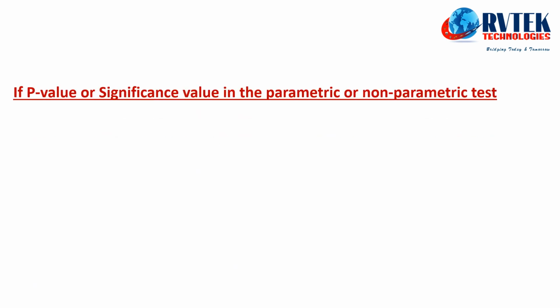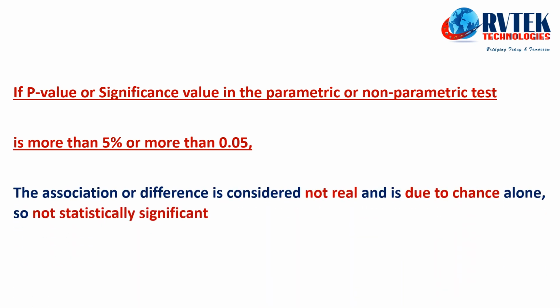If p-value or significance value in the parametric or non-parametric test is more than 5% or more than 0.05, the association or difference is considered not real and is due to chance alone, so not statistically significant.